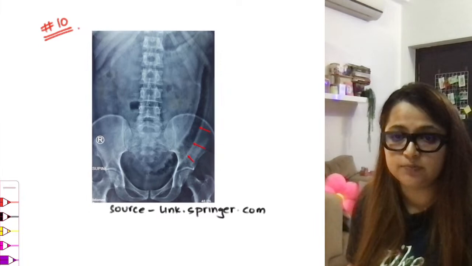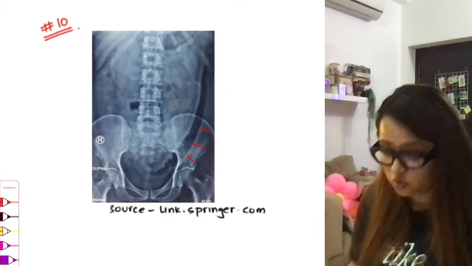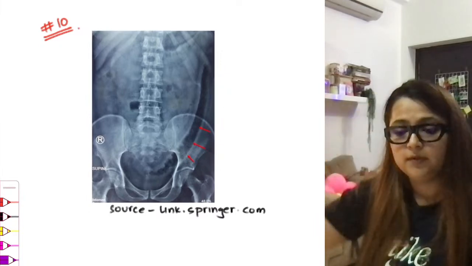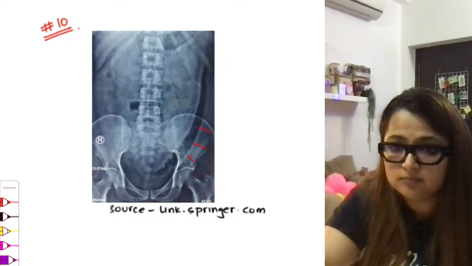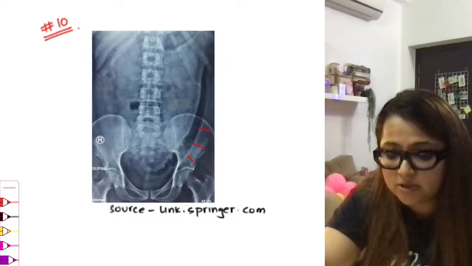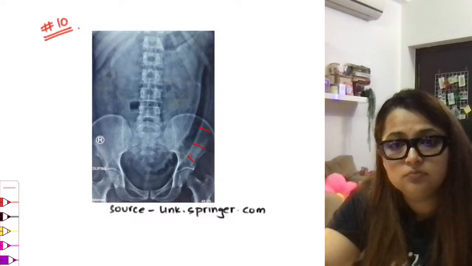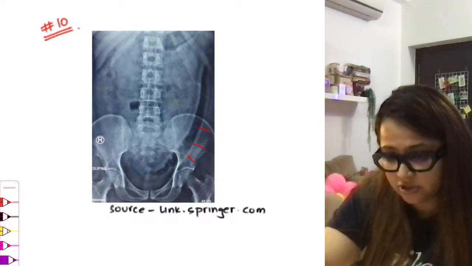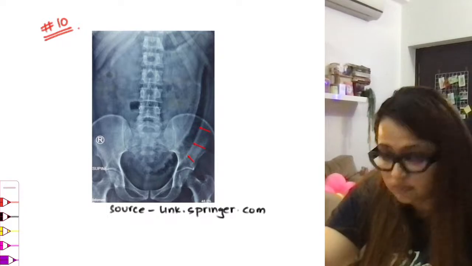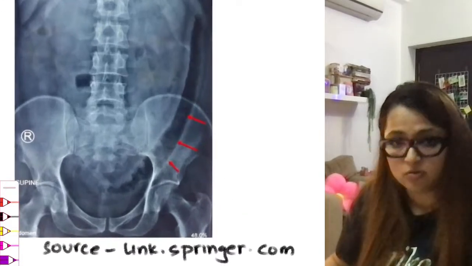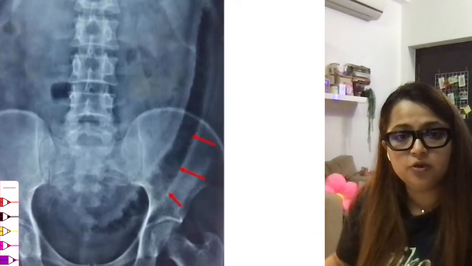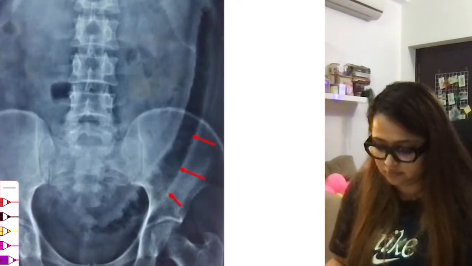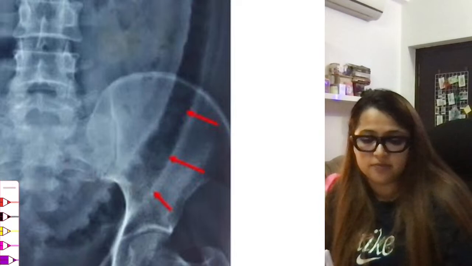Yes, so look at this picture. What is shown in this picture? Anyone? Can anyone tell me, looking at the picture? I'll zoom in. So look here. What are you able to appreciate?